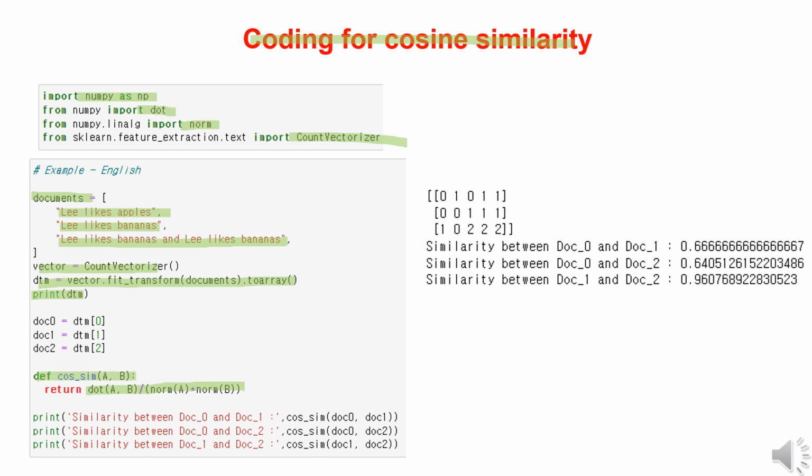As a result, we can obtain the cosine similarity between any two sentences, like so. In conclusion, the highest similarity is between documents 1 and 2, which are Lee likes bananas, and Lee likes bananas and Lee likes bananas. This matches the theoretical result we calculated earlier.